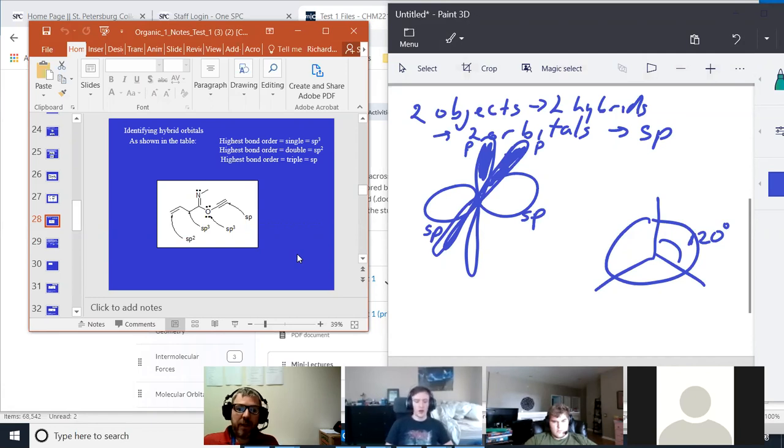So sp3 is always going to be all single bonds. sp2 is double bonded, and sp is going to be triple bonded. So when you're looking at a compound, it's generally fairly easy to see what the hybridization of each element is going to be. Now, I want you to realize here, and this is important, it's the atom that's hybridized and not the bond. I'll say it again. It's the atom that's hybridized, not the bond.